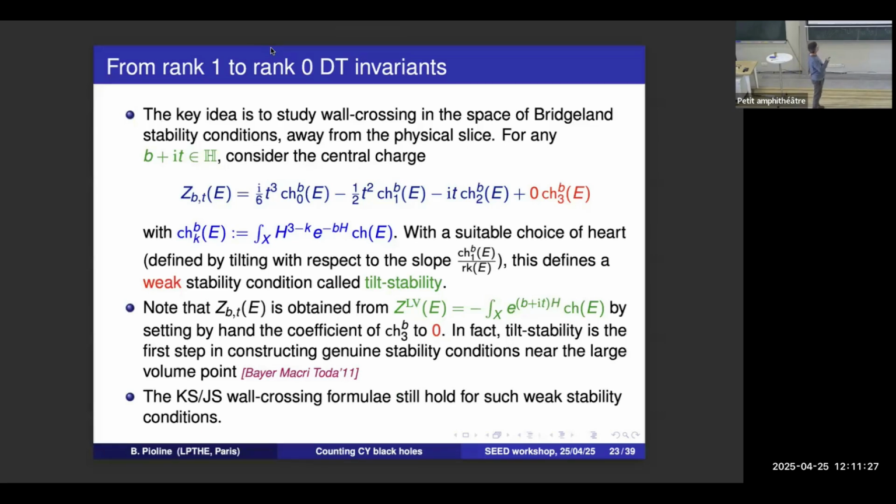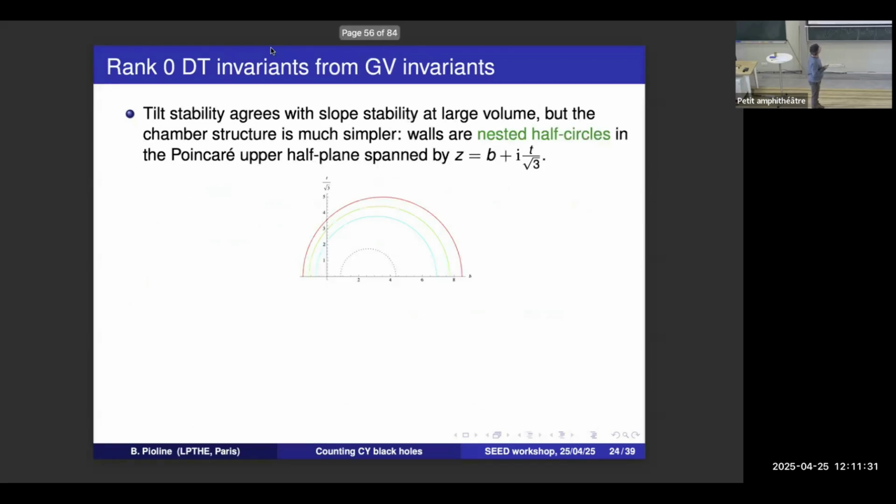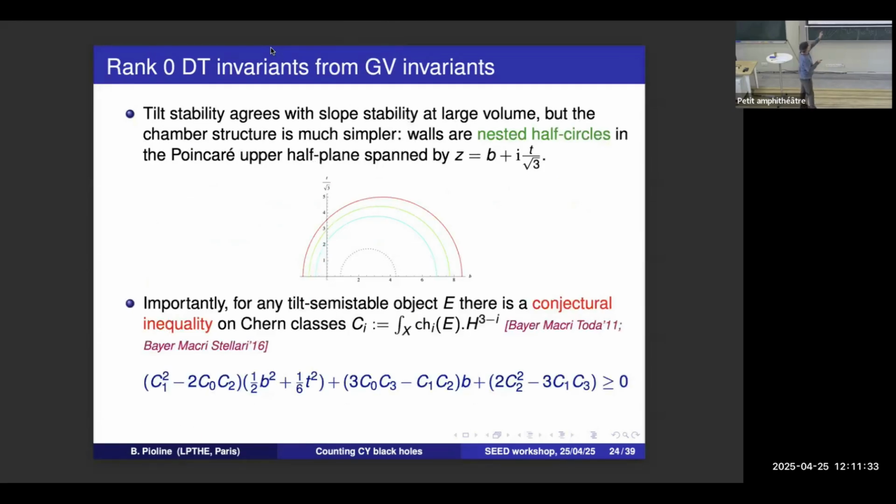And most importantly, thanks to the work of Bayer, Macrì, and Toda, there is an empty chamber in that slice. So here, you can think of that slice as the upper half plane parameterized by the complexified Kähler moduli in this degenerate slice.